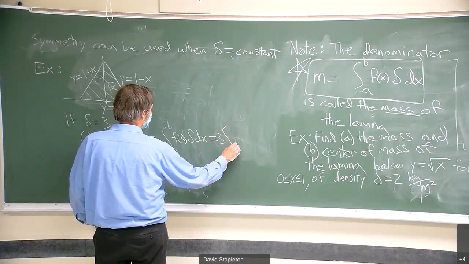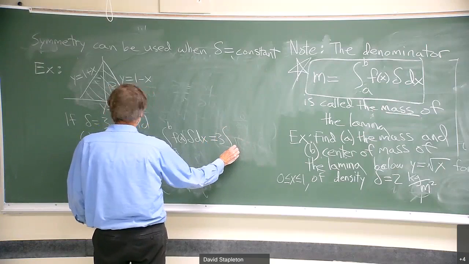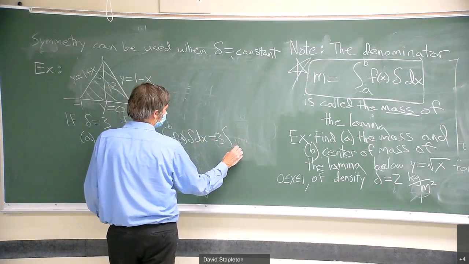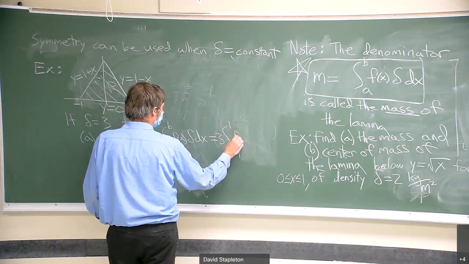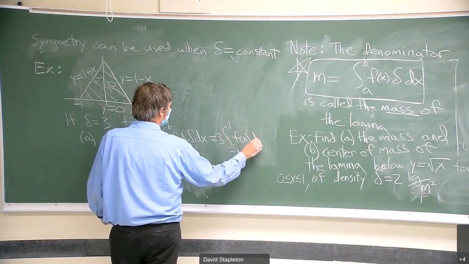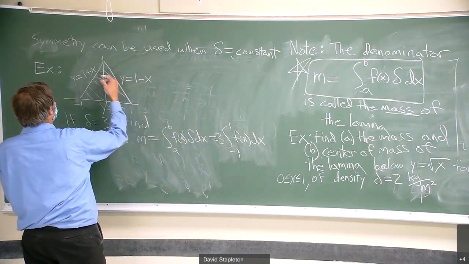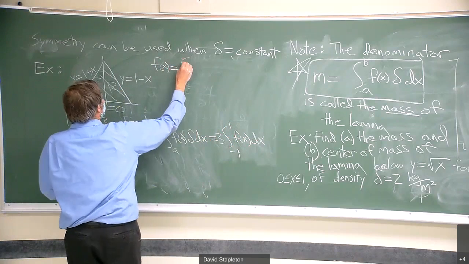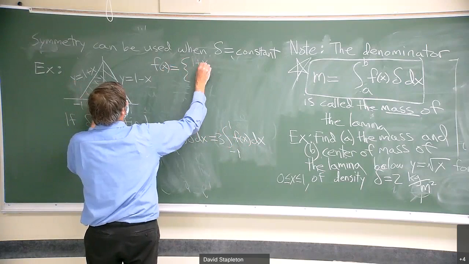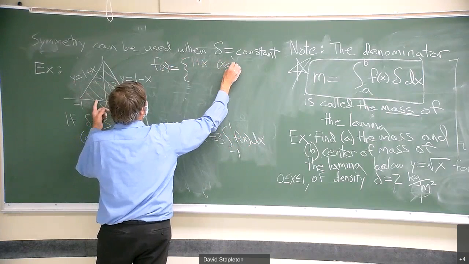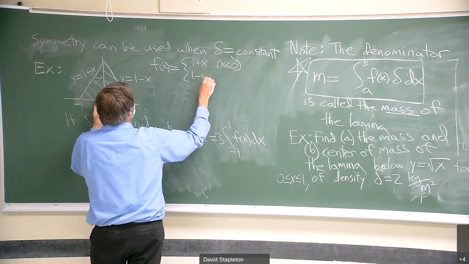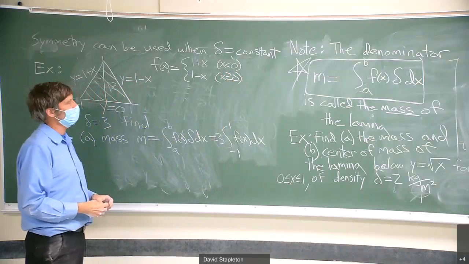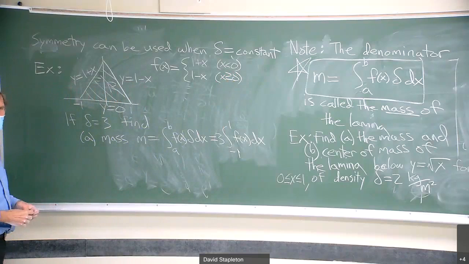We can say it's 3 times the integral from minus 1 to 1 of f of x dx, where f of x is the top curve. F of x is a piecewise defined function. It's equal to 1 plus x for x less than 0, and equal to 1 minus x for x greater than or equal to 0. Oh, what a mess. That's going to be a messy integration, but what can I do that's a lot easier?